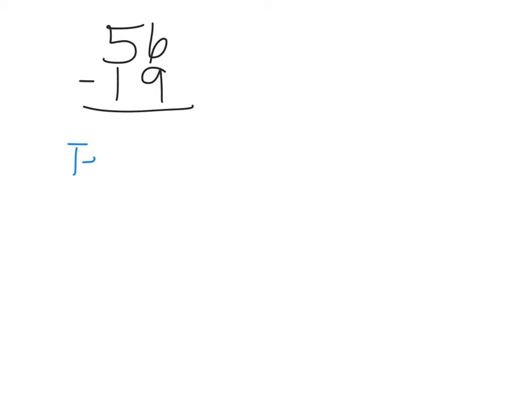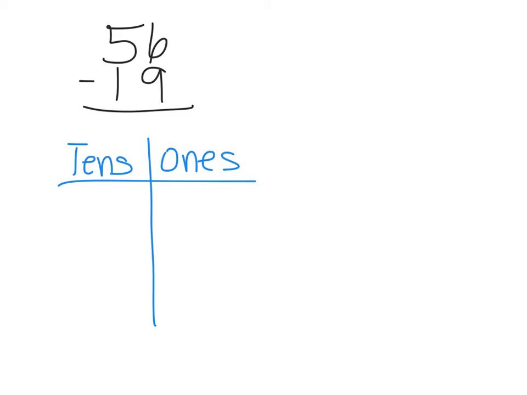So we have tens, we have ones. So we have 56, let's show that. 5 tens is a 50. 6 ones, that makes 56.